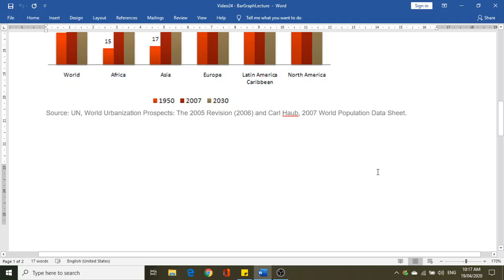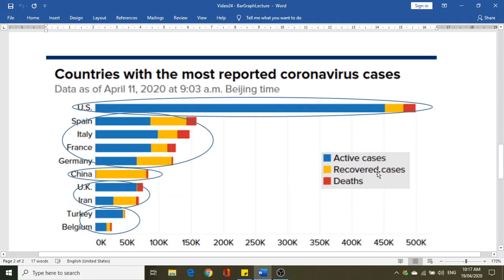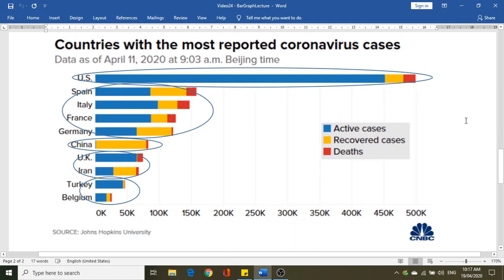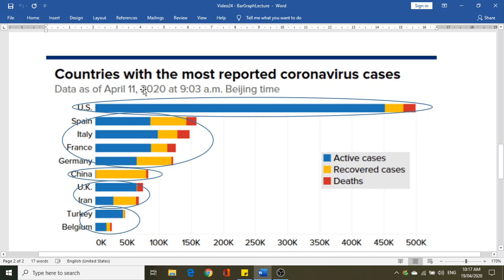And before I close, I'd like to show you another bar graph. So these are the countries with the most reported coronavirus cases as of April 11, 2020. So it's another complicated bar graph, a horizontal bar graph. But what's evident is the US is really far ahead compared to the other countries.